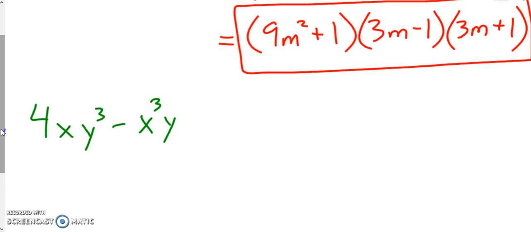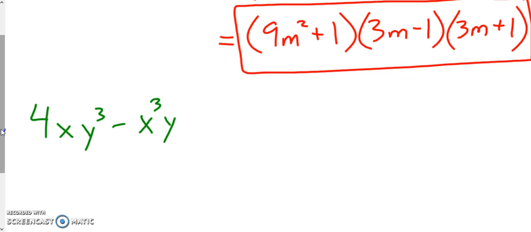Now kids will take one look at that and freak out because there are two variables in it. But I want you to understand that it's no more difficult than anything we've done so far. First thing you have to do, always your first line of defense when you're trying to factor, is you've got to try to find a common factor. Well, 4 and 1 don't have a common factor other than 1, but notice that there's at least one x and at least one y in each term.